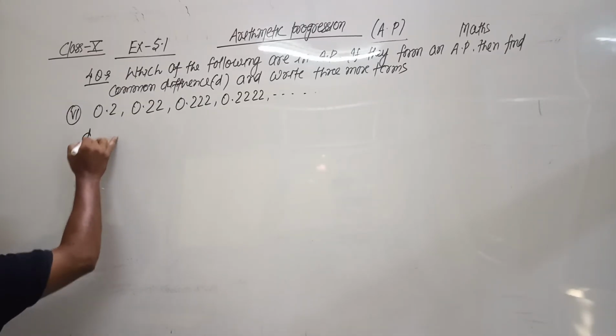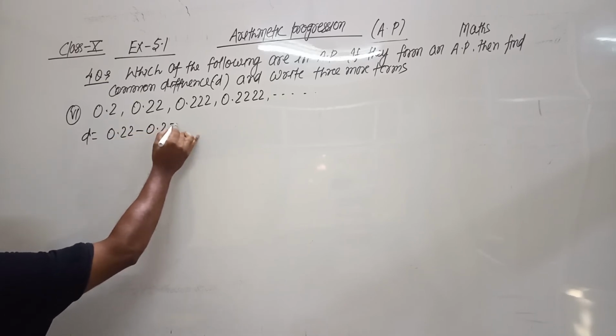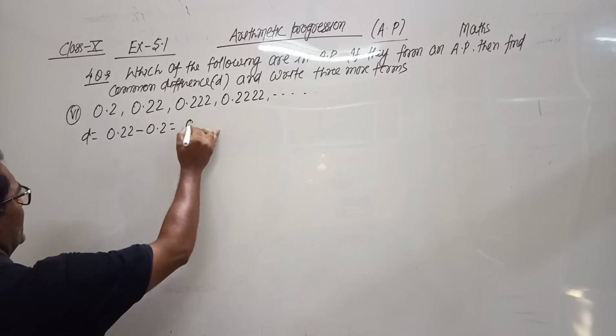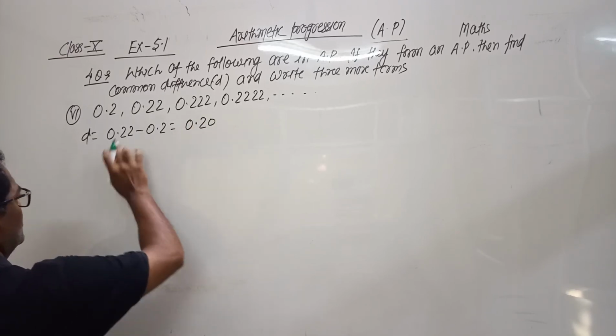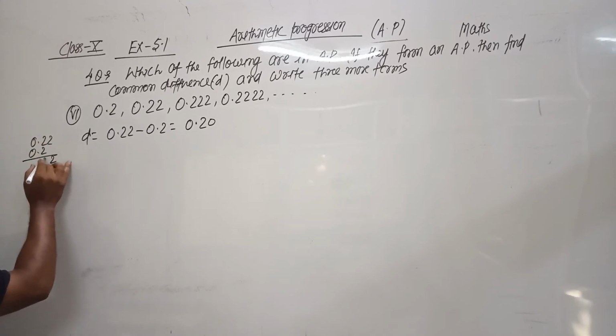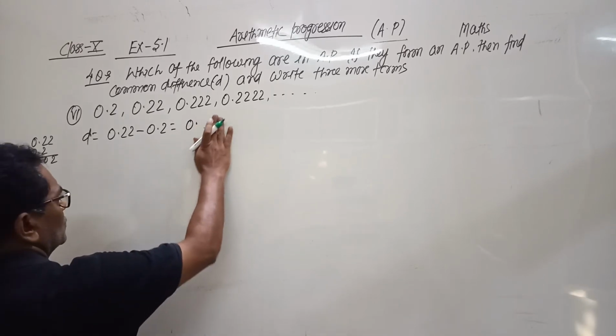So the common difference D equals 0.22 minus 0.2. So we get 0.02.